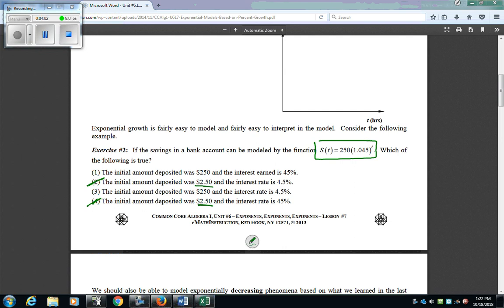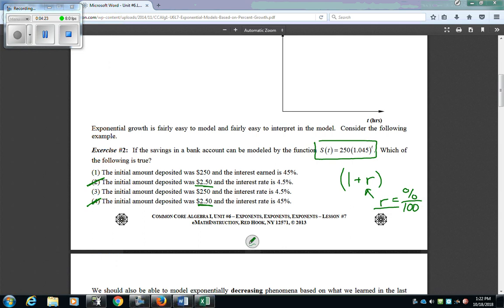And then to find the interest, when you decide what your rate is, whatever our percent is, R is going to equal the percent over 100. So you want to divide that by 100.